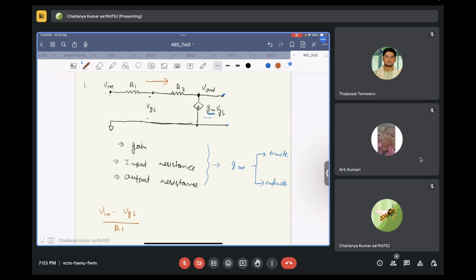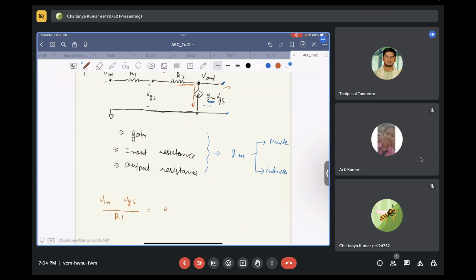How else can you write this current? Where will this current go? Here it is going to the source, no, sir. So this same current will flow from the previous branch also, no? Because here at the output it's open circuit. Yes, sir. Yeah, correct. So this is equal to gm times VGS.